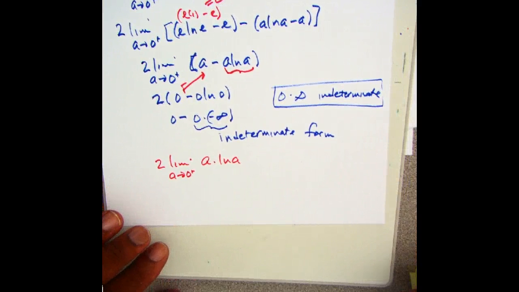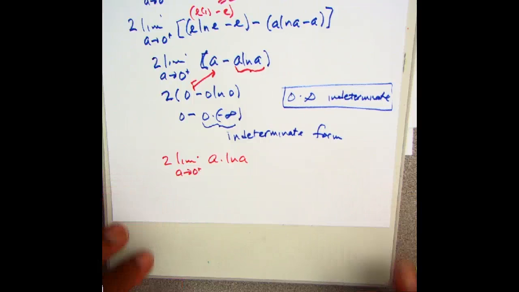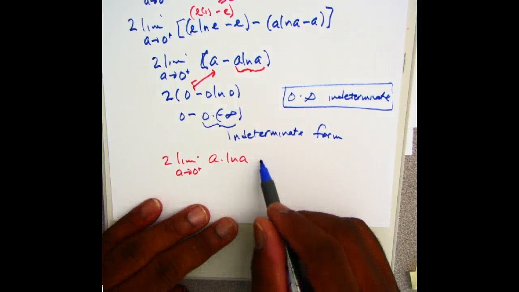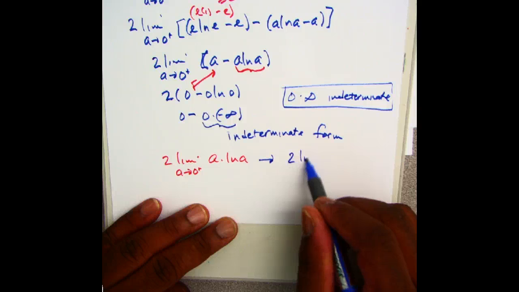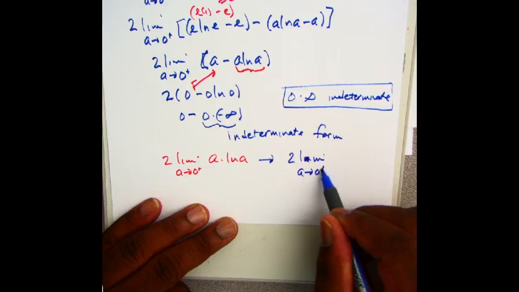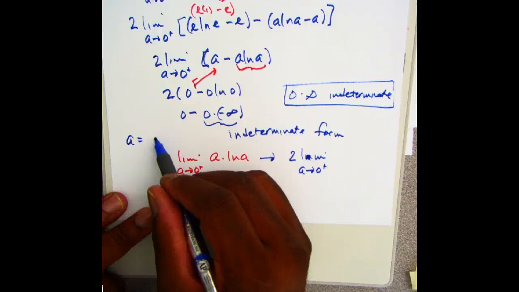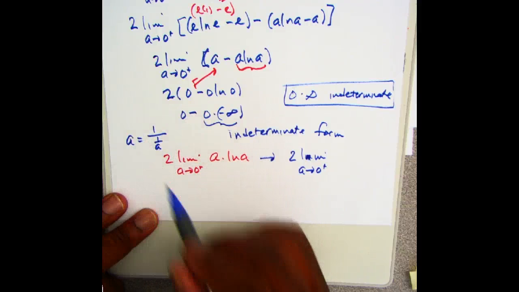Now I don't know if you guys remember before I said with L'Hopital's we need to make sure that it's written as a ratio, as a fraction. And here this is a product. Is there any way we can rewrite this so that it is written as a ratio? Is a the same thing as 1 divided by 1 over a?